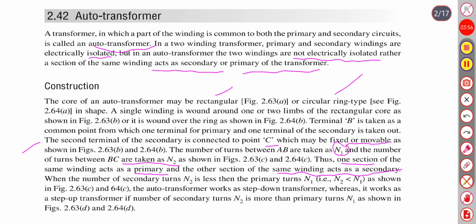When the number of turns of secondary N2 is less than the primary, the auto transformer works as a step down transformer, whereas if N2 is more compared to N1, it works as a step up transformer.